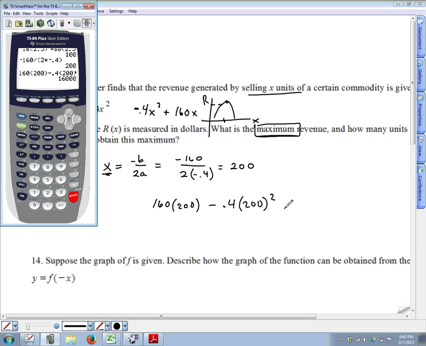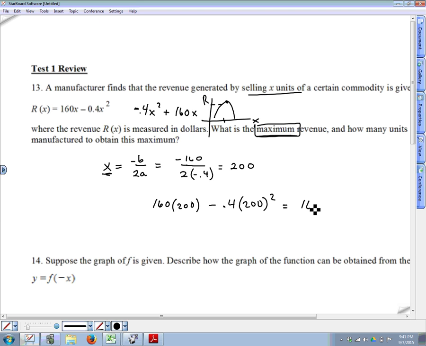You're going to make $160,000. The maximum revenue of this commodity is to sell 200 units, and you make $160,000.